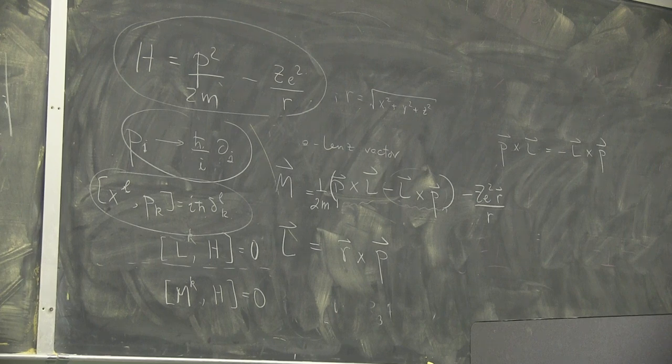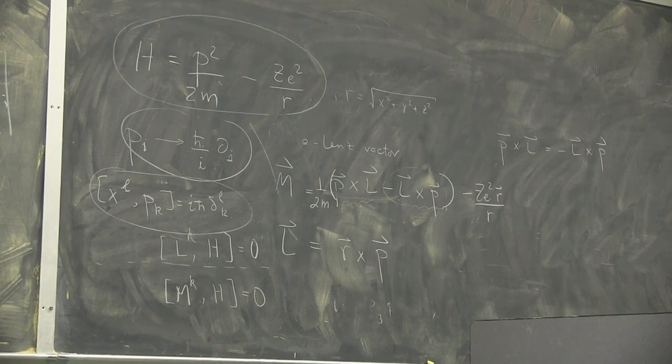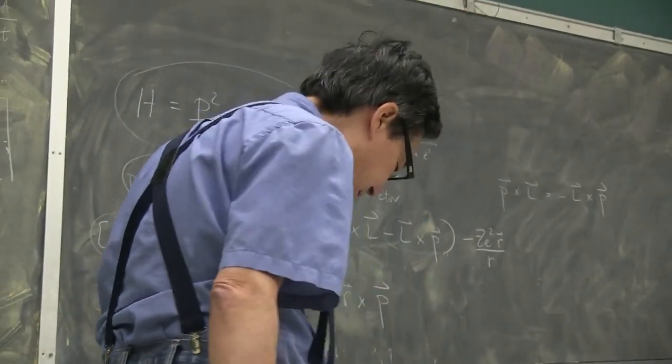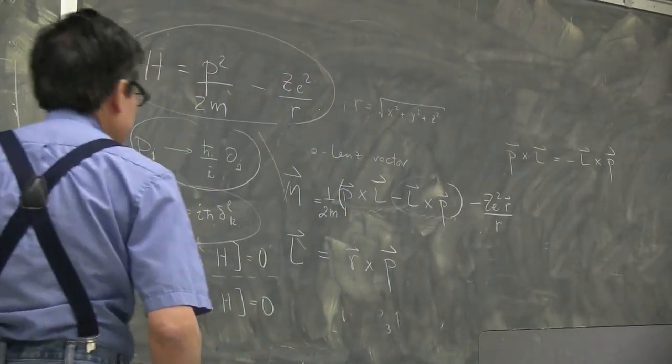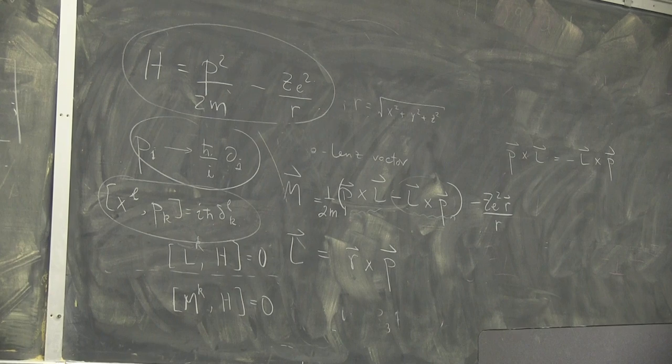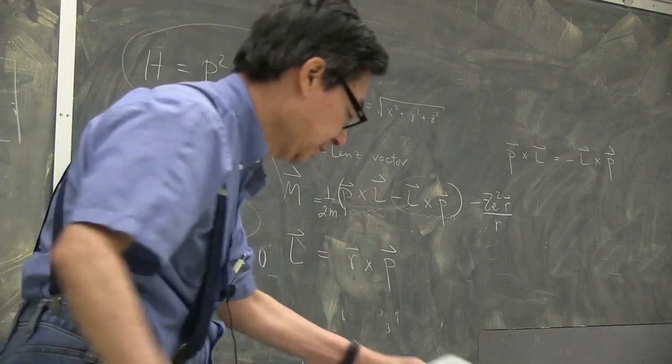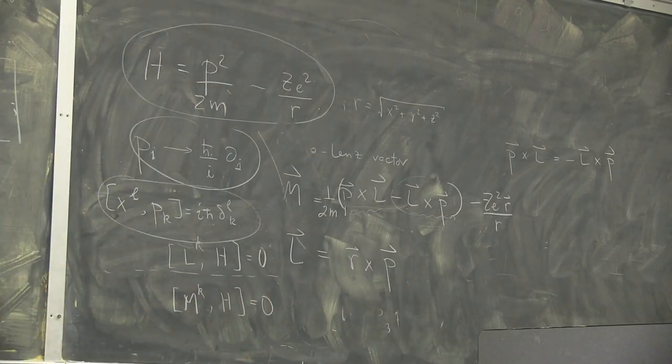You recall that when there was just rotational symmetry, you had the commutation relations for the different L's given by something like that.